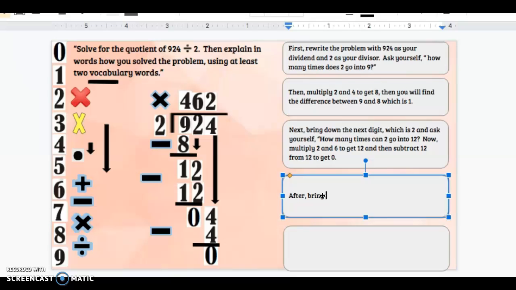Multiply 2 and 2 to get 4, and subtract from 4 to get 0.